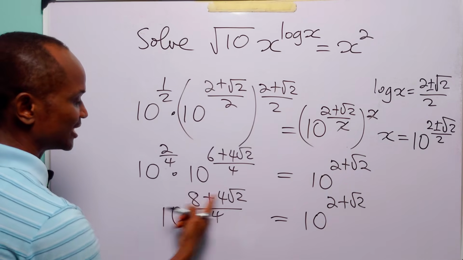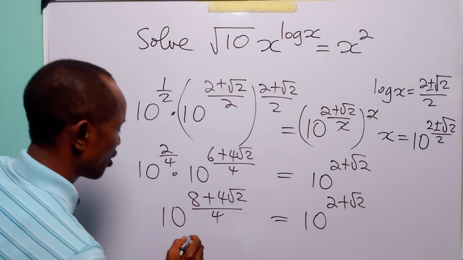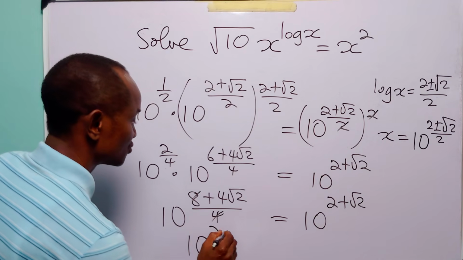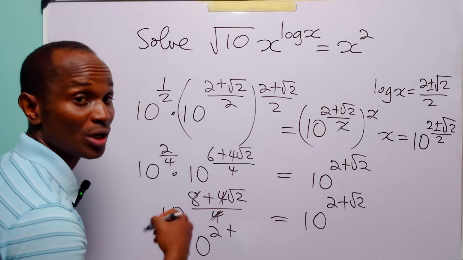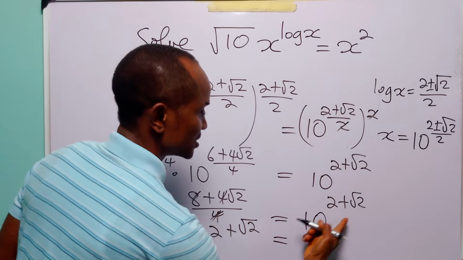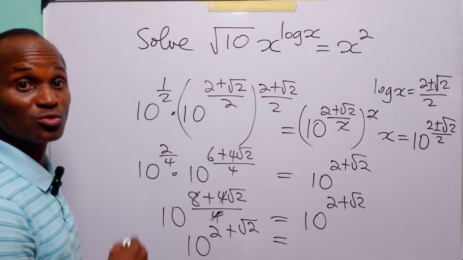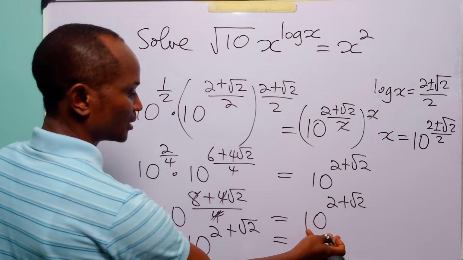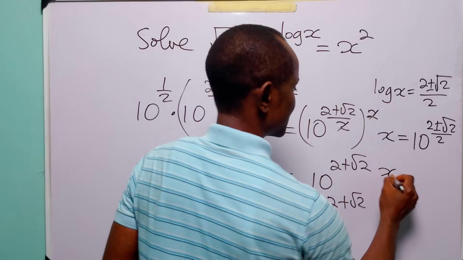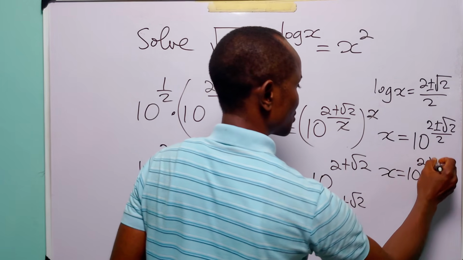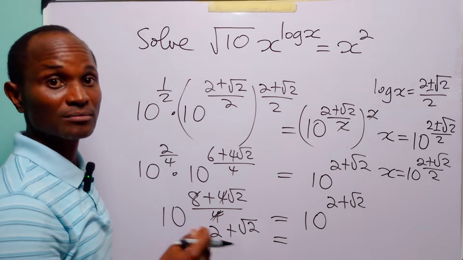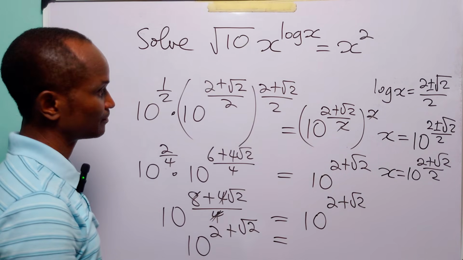Now, when I divide the numerator by 4, on the left-hand side, I have 10 to the power 4 into 8 is 2, and 4 into 4 is 1. So this is 2 plus root 2. And of course, this is equal to 10 to the power 2 plus root 2, which is exactly what we have on the right-hand side. So the first value of x, that is x equal to 10 to the power 2 plus root 2 over 2, satisfies the original exponential equation.